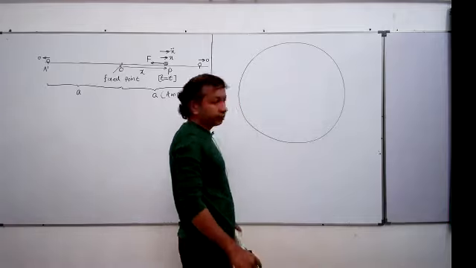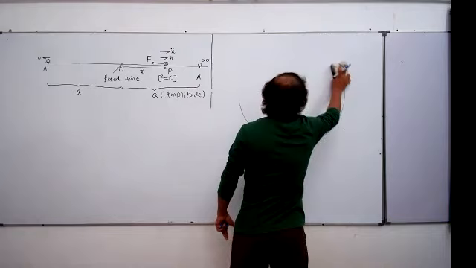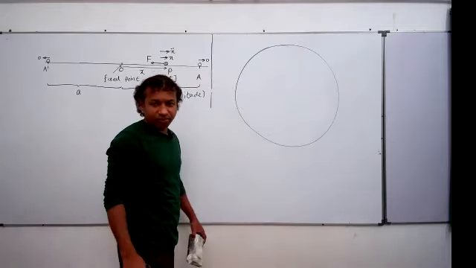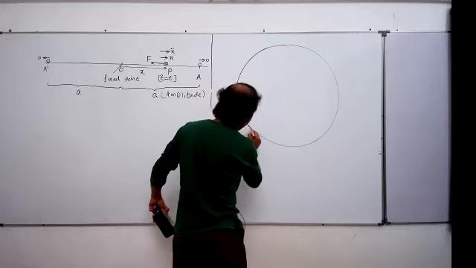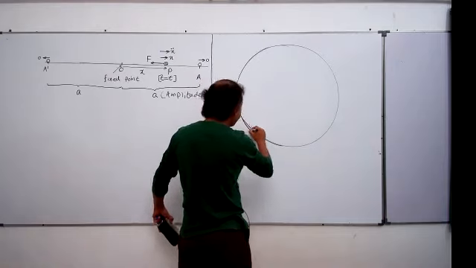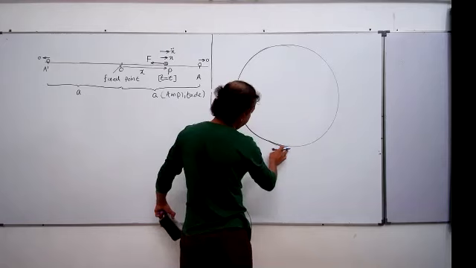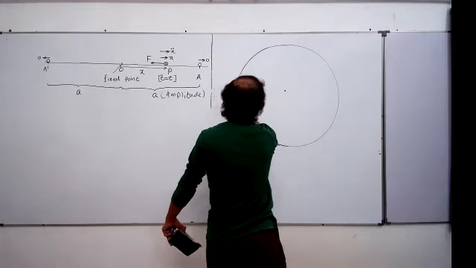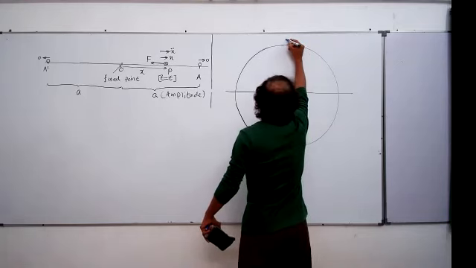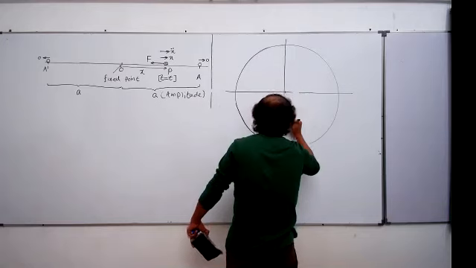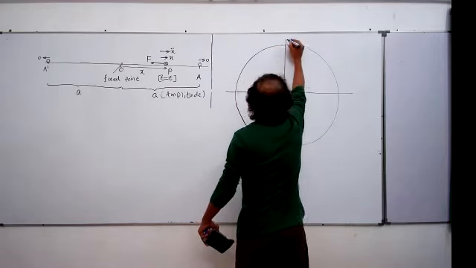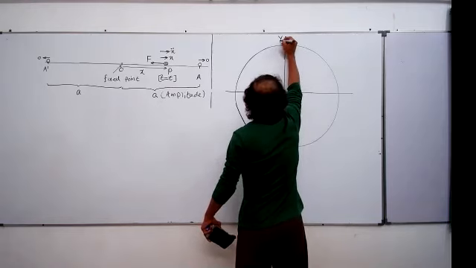Suppose this is the circle. Right now, suppose this is a circle of center O and radius A. I draw the two axes X and Y like this: Y-axis and X-axis.